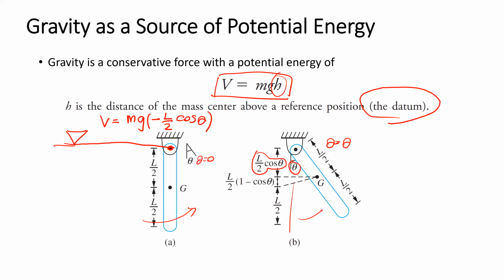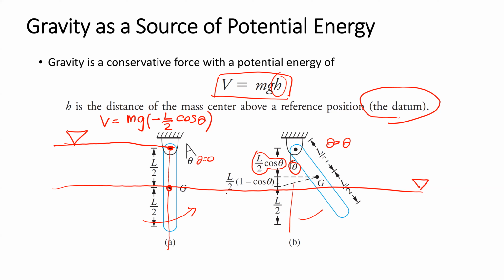How about if we set the datum point here? If we set the datum point at the CG position before it vibrates. We set the datum point at the CG position when the pendulum is in the vertical arrangement.